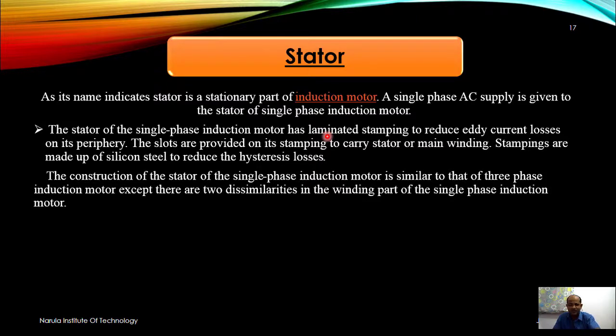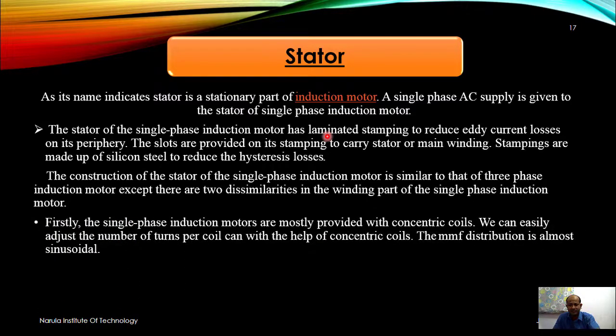The construction of the stator is similar to the three-phase induction motor, except that there is a single winding, as I have mentioned. And one more thing, the single phase induction motor mostly uses concentric coils, where we can easily adjust the number of coils. The MMF distribution is almost sinusoidal. I have shown it previously.